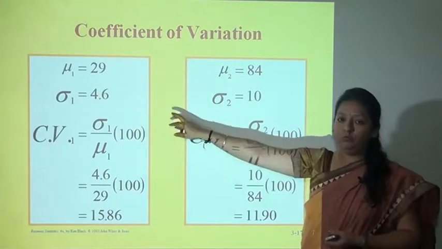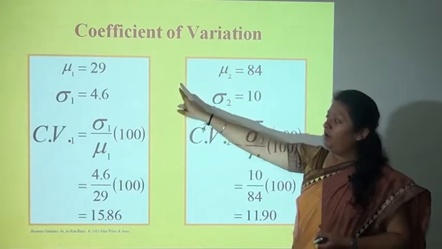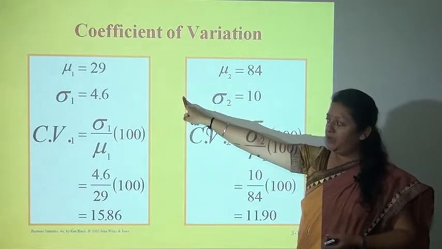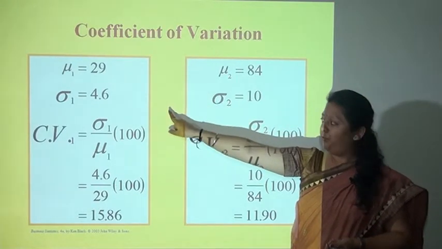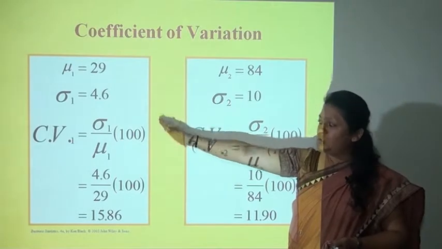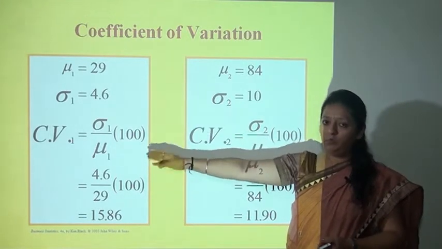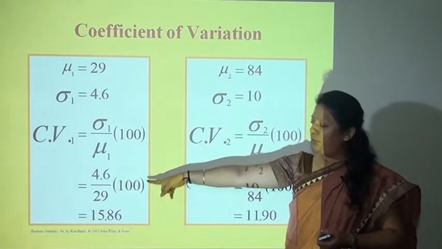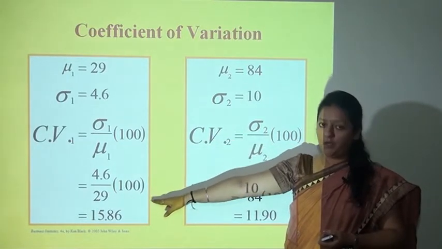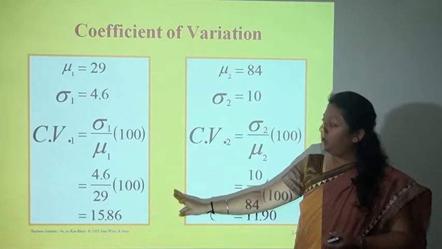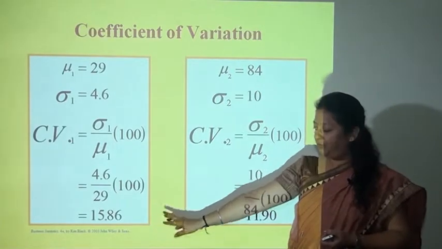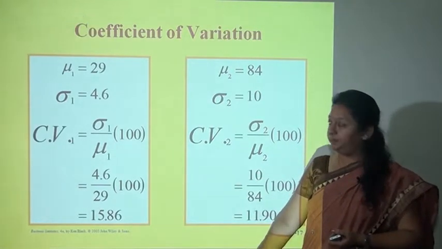We have a mu and a sigma. Mu is equal to 29 and sigma is equal to 4.6, as given. So simply apply the formula: sigma divided by mu into 100, 4.6 divided by 29 into 100, and you get a value of 15.86.